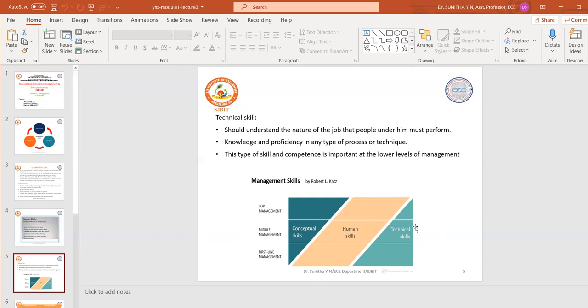He has taken a rectangle and divided it into three sections. You can see one green patch here, another green patch, and this yellow patch. He has drawn two horizontal lines, which means he has divided this rectangle into a top layer, middle layer, and lower layer.